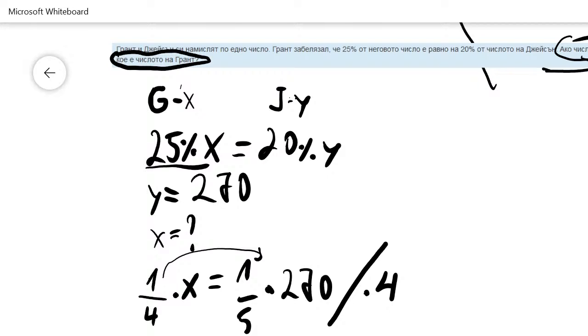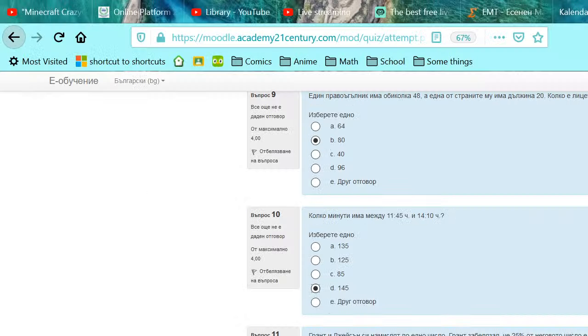So X is equal to 1/5 multiplied by 1/4 multiplied by 270. So why isn't it go back down? Yeah. So we just do it like this, and X is equal, I don't know if you see it like that, X is equal to 13.5. That's a pretty strange number, but it can be.